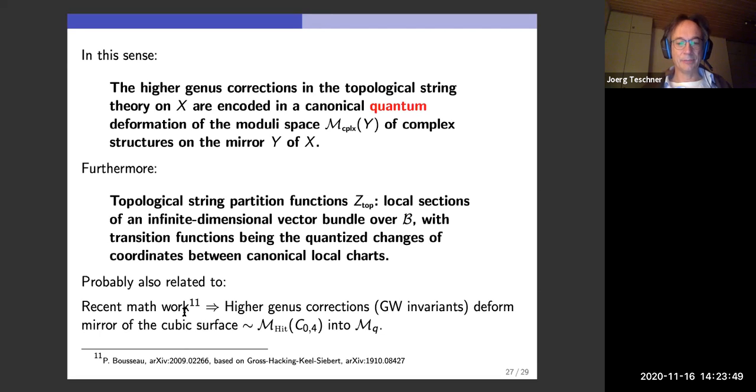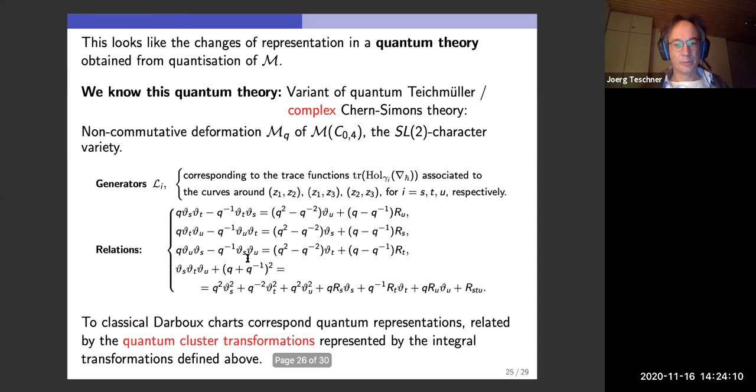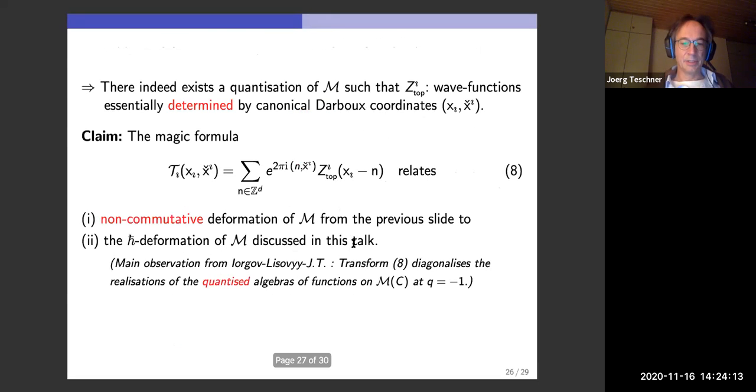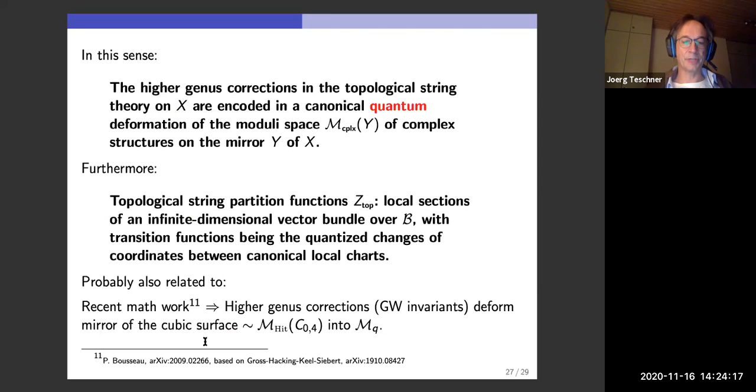It seems maybe from some points of view, math is getting at similar, probably closely related things, namely some work of Bousseau very recently has, within the context of basically a quantum version of the Gross-Siebert program, found the quantum cubic as the description of, say, higher genus Gromov-Witten invariants for the mirror of the cubic surface, which, when you simply work out the relations, would be what corresponds to the Hitchin moduli space for 4 punctured spheres. So the circle kind of wants to close here.